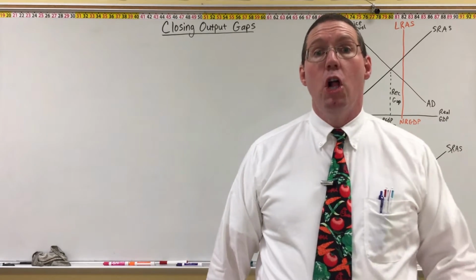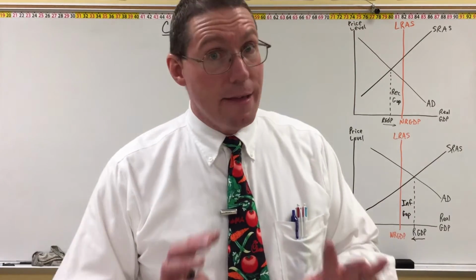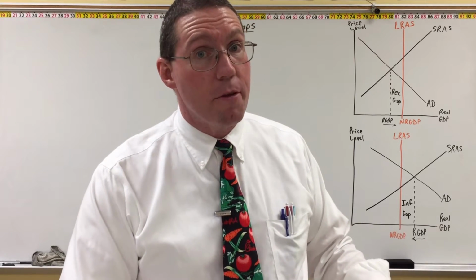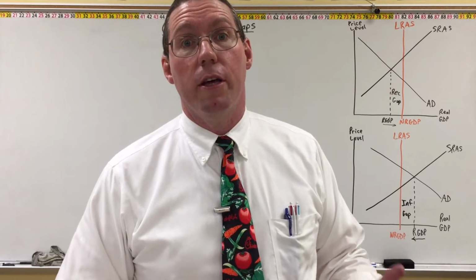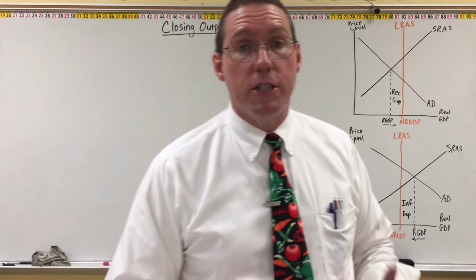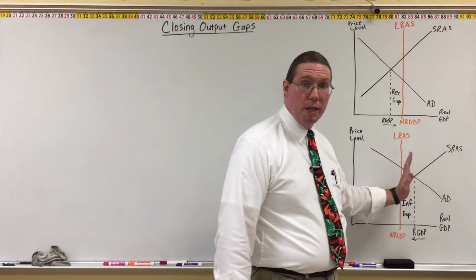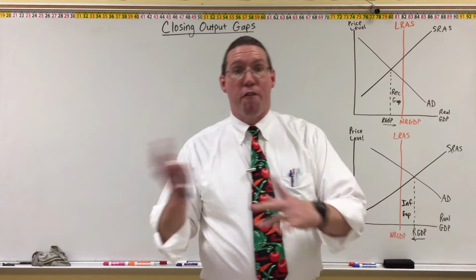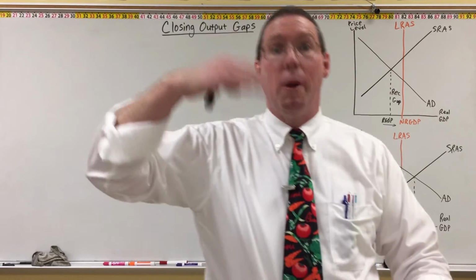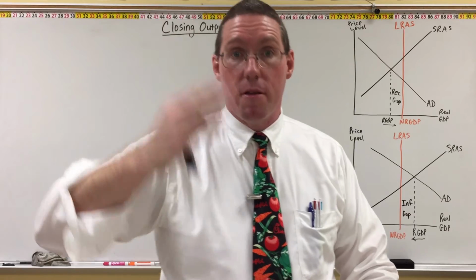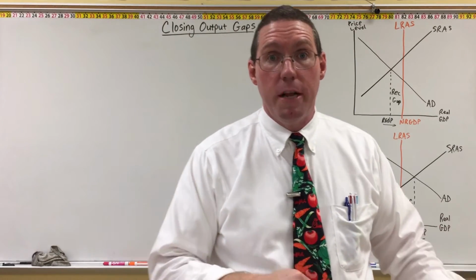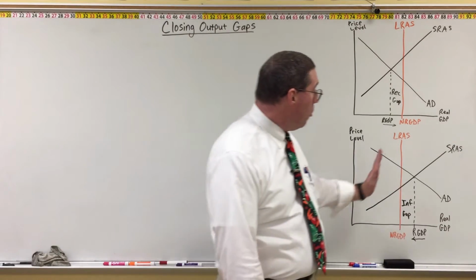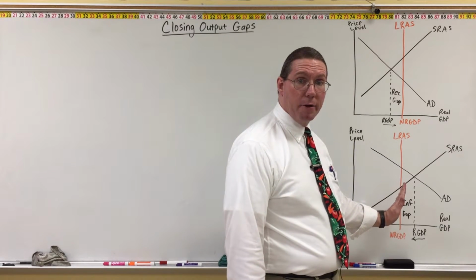Well, that's because long-run aggregate supply, as I hope I have said several times, is not something that we really control. It only increases gradually over time. This short-run equilibrium is much more flexible because we have fluctuations in the business cycle, in short-run GDP. There's lots of fluctuations. We don't have fluctuations in long-run aggregate supply.